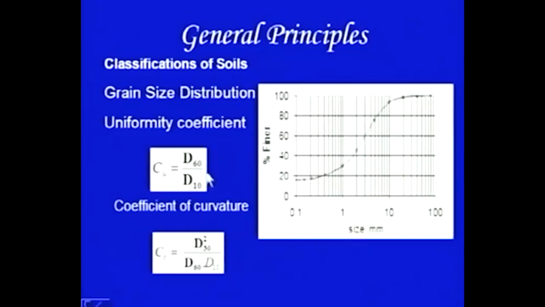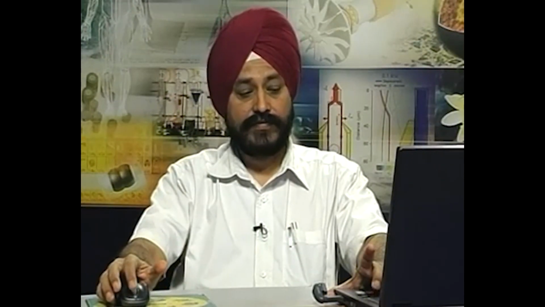So, Cu is taken as D60 by D10. Coefficient of curvature gives the idea about the curvature of the curve, and this is given as D30 square divided by D60 times D10. So, these two parameters are computed, and based on that the classification is done for the cohesionless soils.